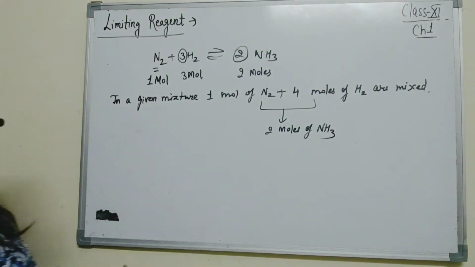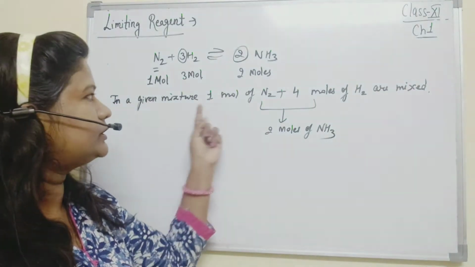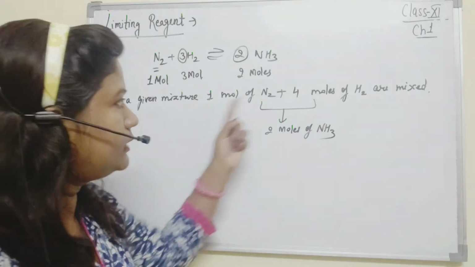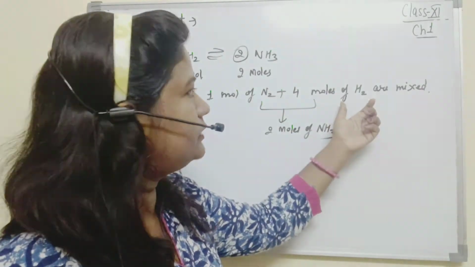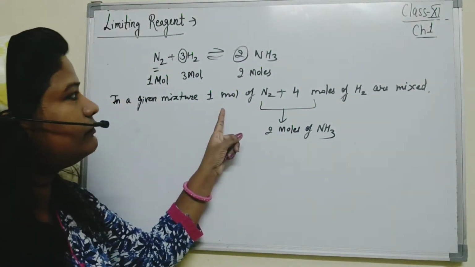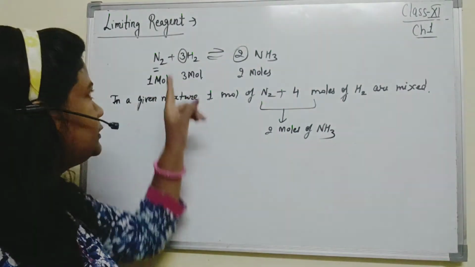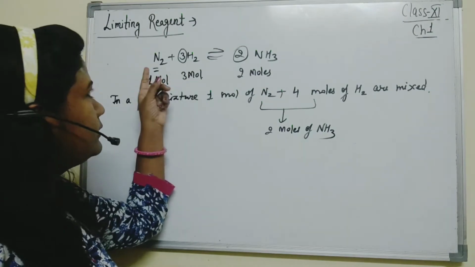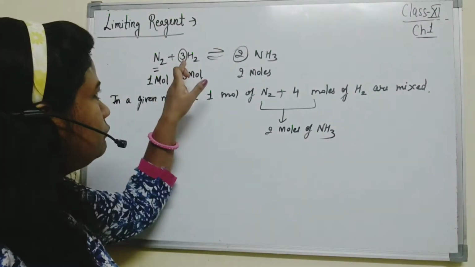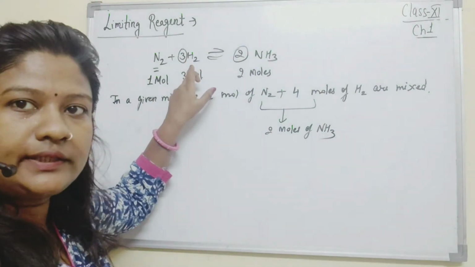How many moles of nitrogen will be reacting here? Only 1 mole. And how many moles of hydrogen will react with the 1 mole of nitrogen? Only 3 moles. So 1 mole would be left unreacted.